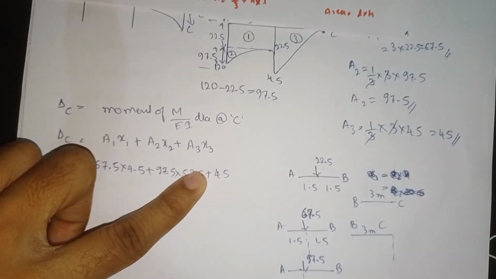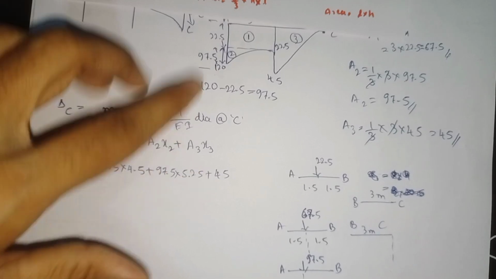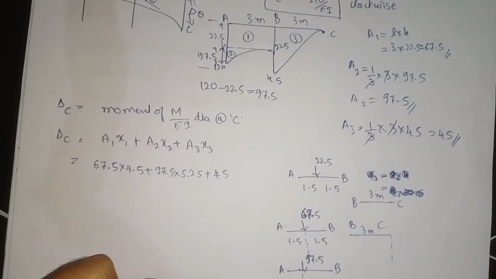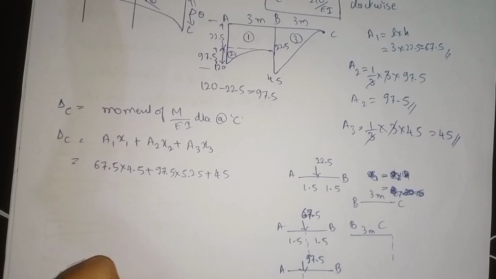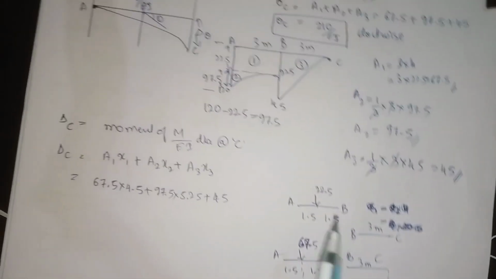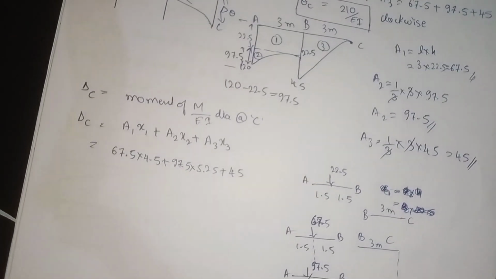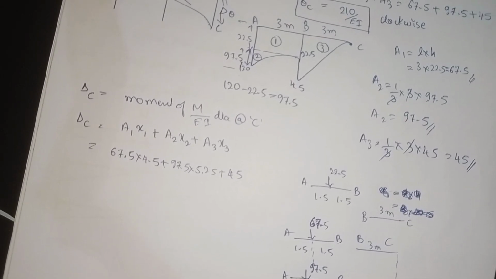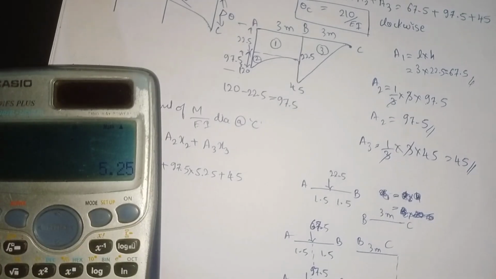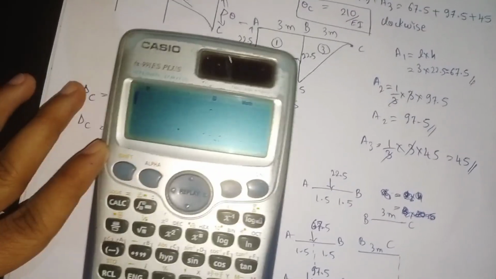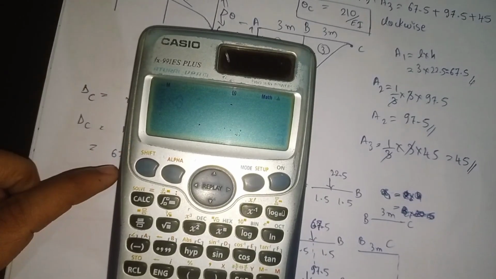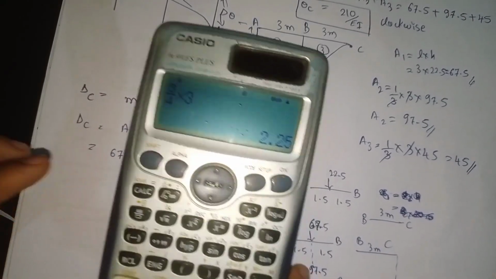So 45 is acting here, and this is also a parabola, which means we again use 3 by 4 into L. So 3 by 4 into 3, if we do, it will be 2.25.